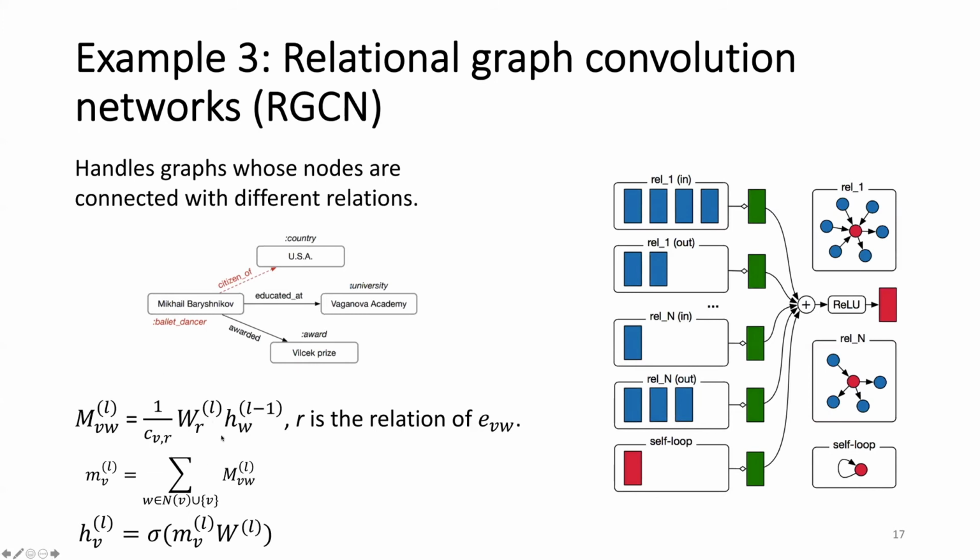That corresponds to the message. Now those messages are aggregated, and then that aggregated message is used to update the representation of the target node by first multiplying by a weight matrix and then applying a nonlinear activation function, right? So the key difference in how different relation types are handled in the relational graph convolutional network is by having those relation type specific weight matrices that are used to generate the message to be sent to the target node, okay?